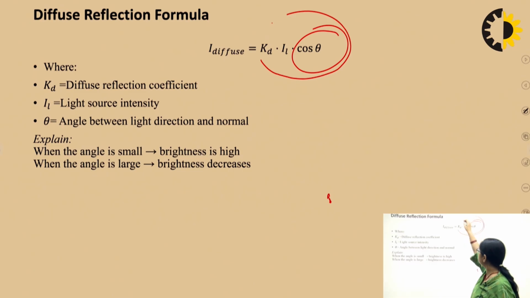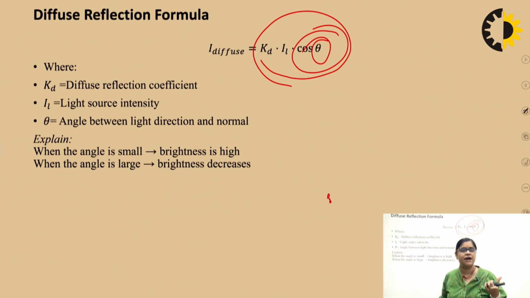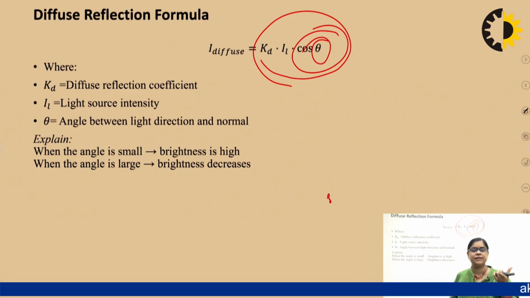It is again a vector product, right? Now, according to the definition, everything depends upon what angle you are using. When this theta is small, your brightness is high. And if theta is very high, meaning a very large angle has been used, it will decrease the brightness.